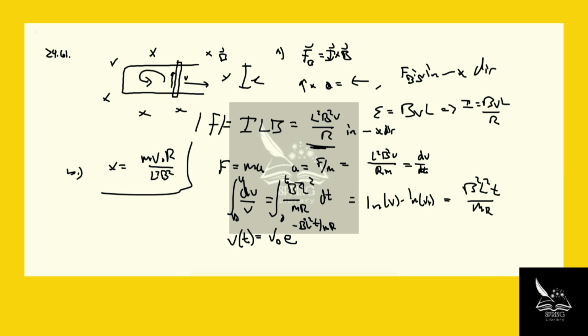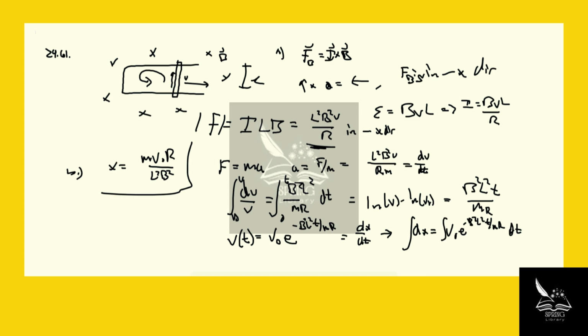So there's a function for V. So now V of t we can write as dx dt. So now we do that same thing, and let's separate variables again, and we see that dx is equal to V naught e to the minus B squared L squared t over m R times dt.